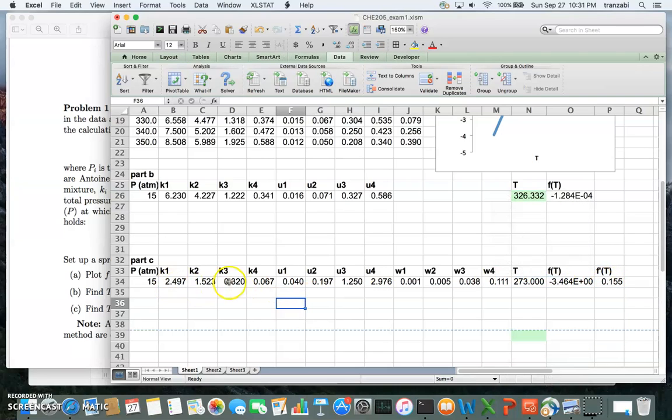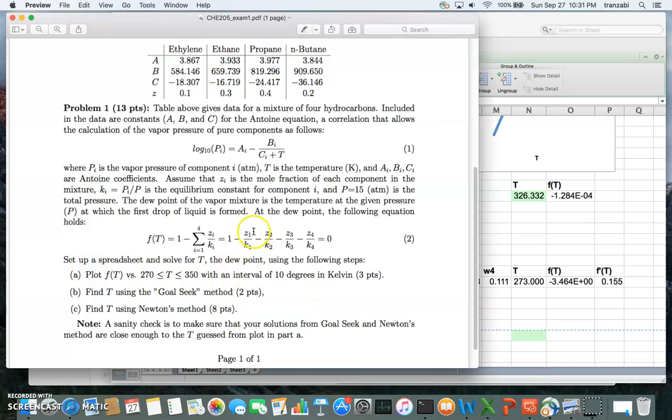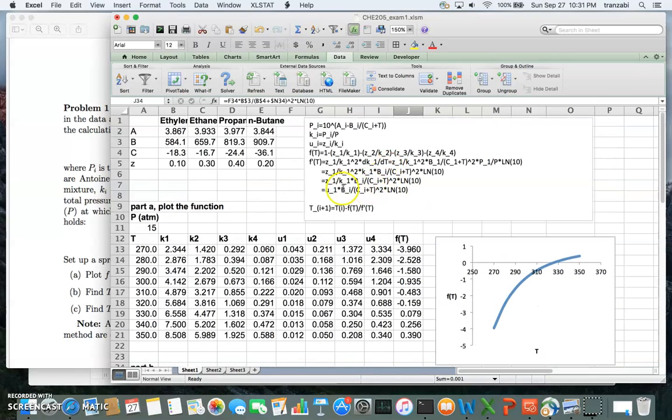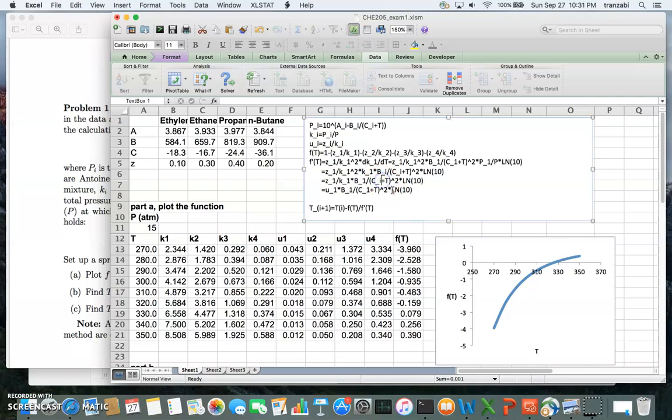So k1 through u4 is basically copy-pasted from part B. Now we're going to calculate w1, which is the derivative of z1 over k1, which I just calculated in the equation right here. That's going to be u1 times b1 over c1 plus t raised to the second power. These all should have subindex 1.